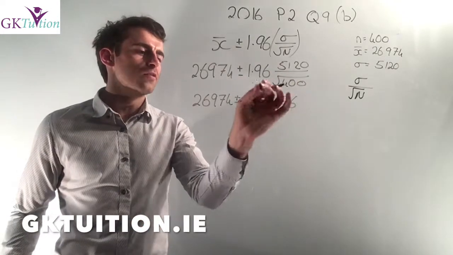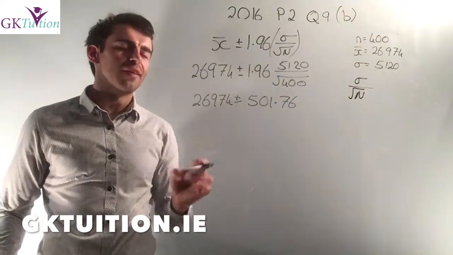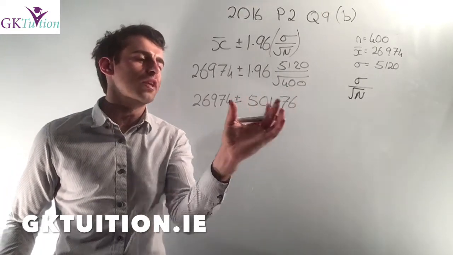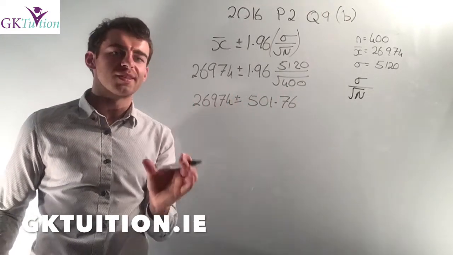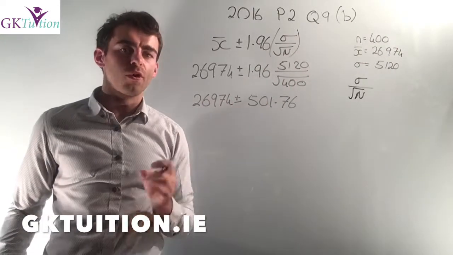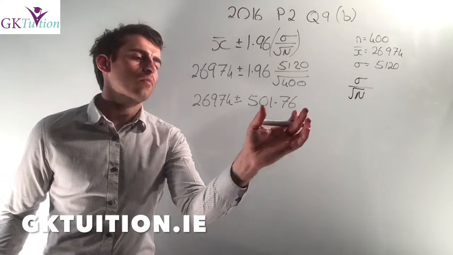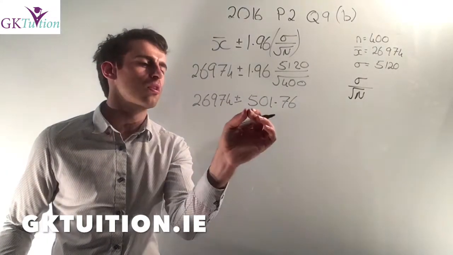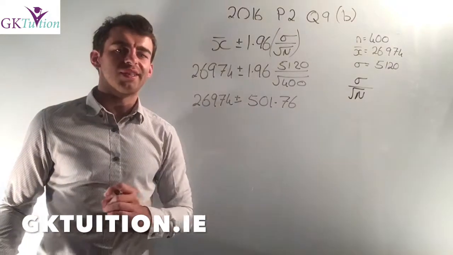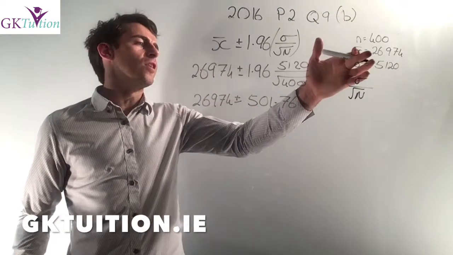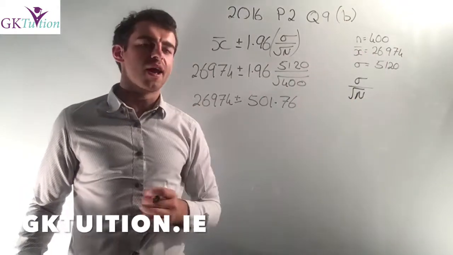So the €501.76 describes the degree to which the result of my sample might be wrong. Based on the fact I surveyed 400 farmers, the result of my sample could be off by, at the very most, €501.76. And I don't know whether this figure is lower than average or bigger than average.